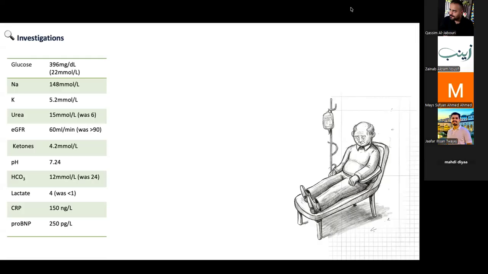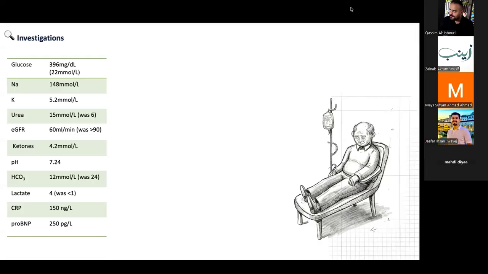No, he's not. Okay, so I can consider him as DKA, but I have to exclude HHS and DKA overlap by calculating the osmolality. But the glucose is normal, less than 600. All right. Anything else you think is going on with him?